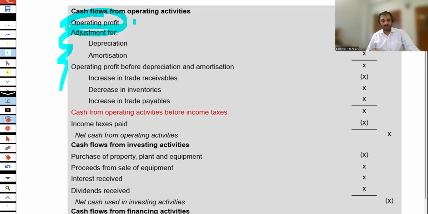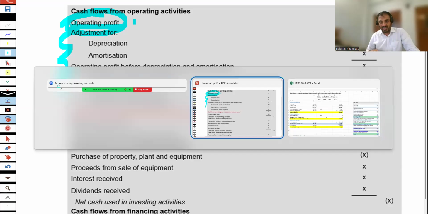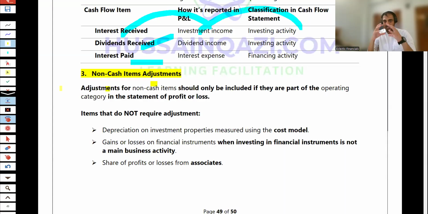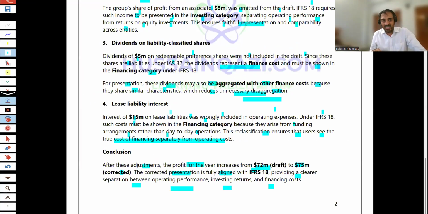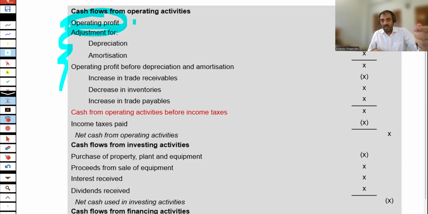Now listen carefully. After the changes, what happened? The first point: items that do not require adjustment. If we are going to make adjustments from the operating profit, non-cash items need to be withdrawn, or anything which is not part of the operating profit.